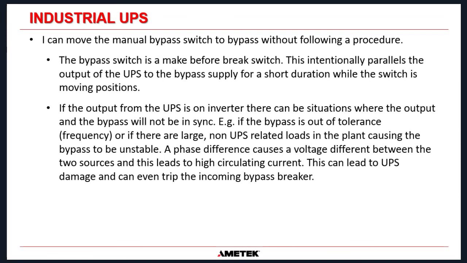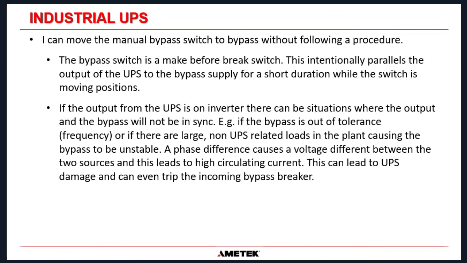Then the UPS says, okay, my bypass is not healthy enough for me to synchronize to, so I'm going to run at my own frequency and ignore the bypass until it comes back into tolerance. At that point, you can have two unsynchronized supplies. Obviously the UPS will tell you that it's not in sync. Well, it should tell you it's not in sync.